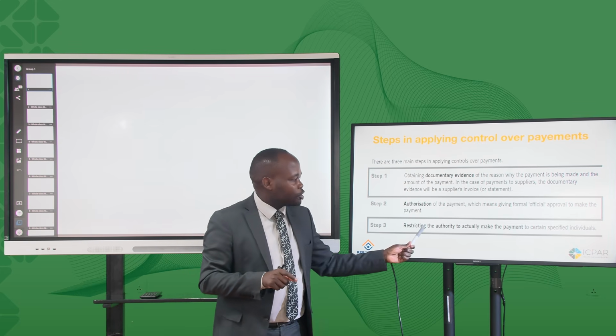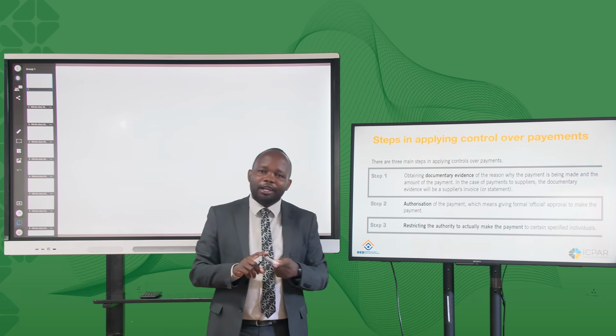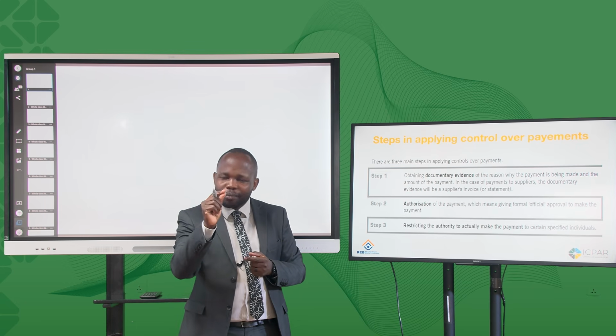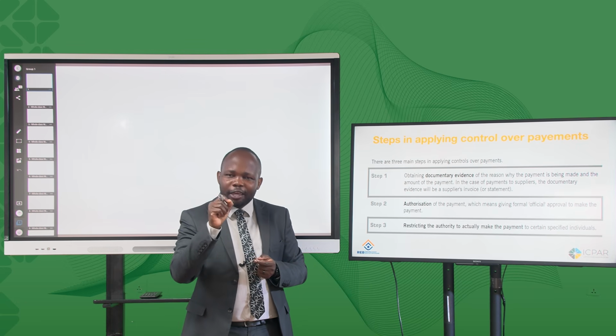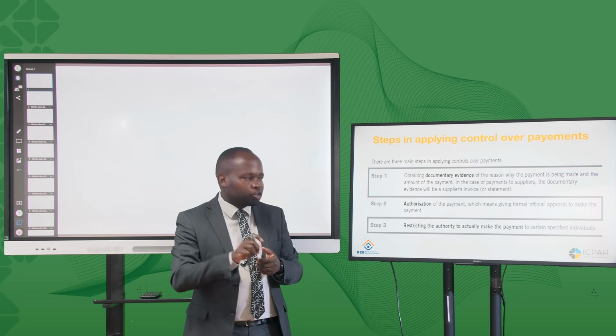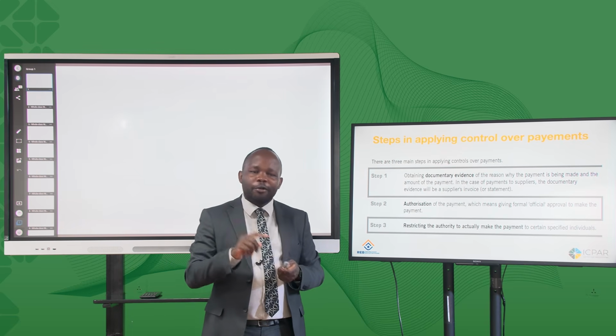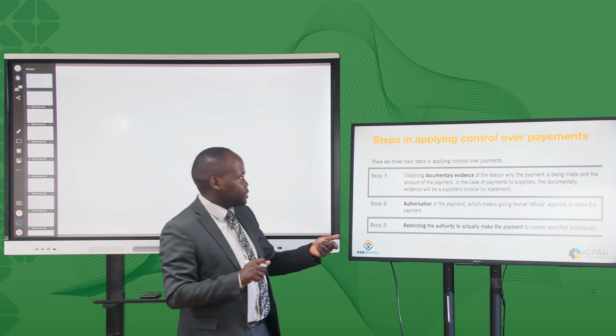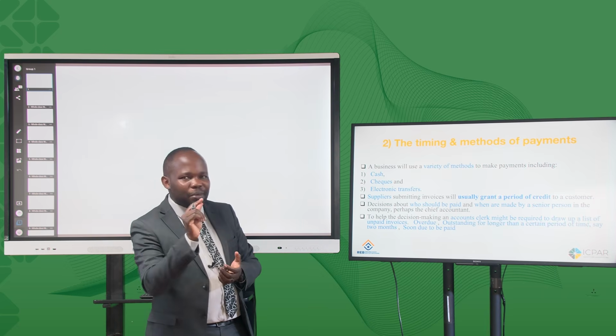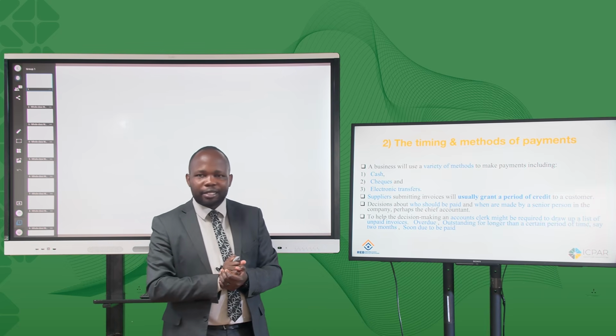And number 3, restricting authority to actually make payments. There must be somebody specifically in the business whose job is to make the payments. Not everyone can make the payments. The timing and methods of payment.